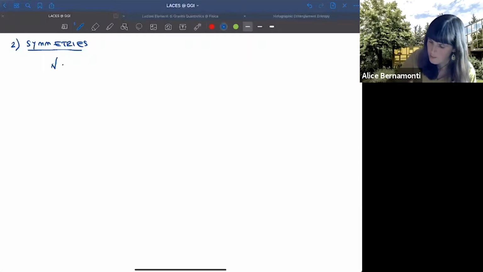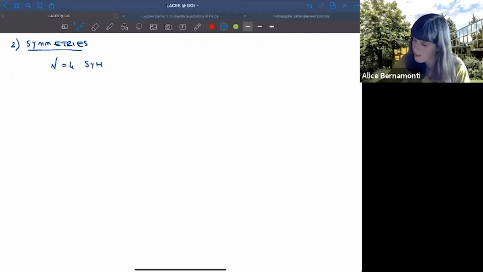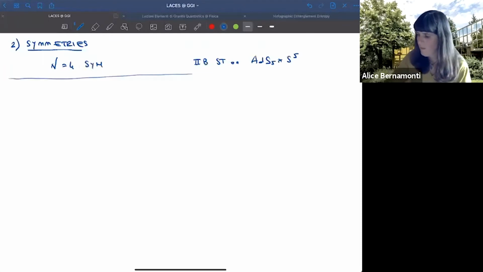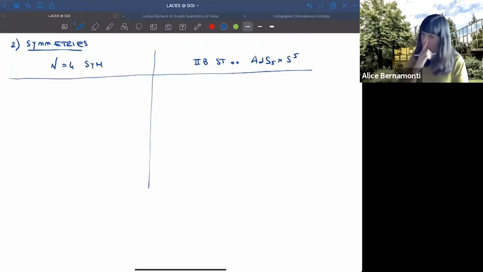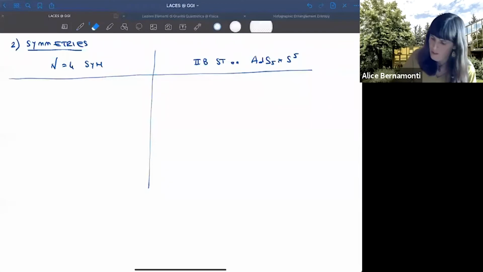So on the one hand, we have N equals 4 super Yang-Mills. And on the other side, we have type IIB string theory on AdS5. So what are the symmetries of the two and how do they match?